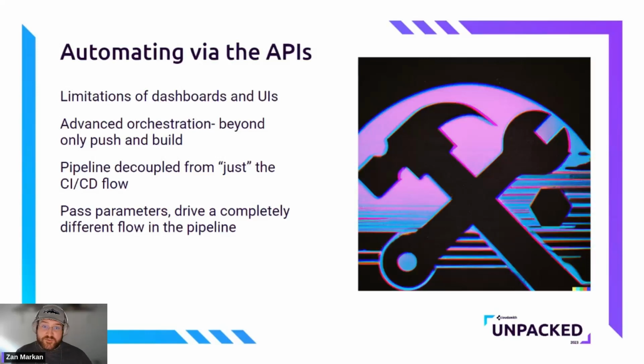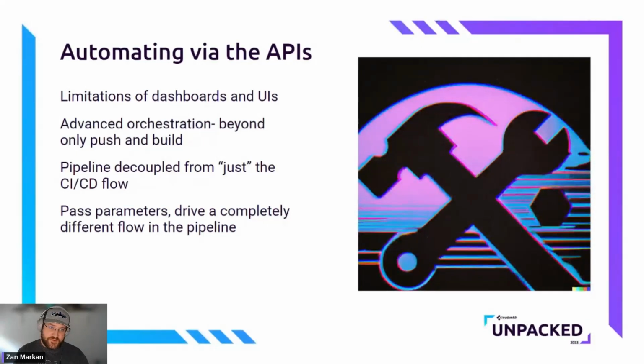Oftentimes, central platform engineering organizations will build their own UI-based tooling and dashboards for provisioning software and for releasing, which use the underlying services' APIs and orchestrate them in an advanced way so that it makes sense for their own organization. We're also seeing that we're decoupling pipelines beyond only commit, push, and build.